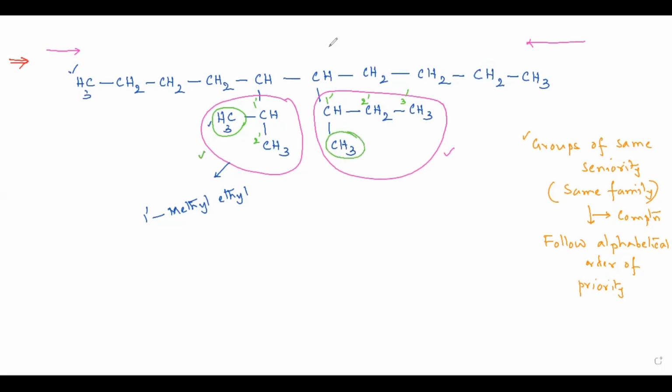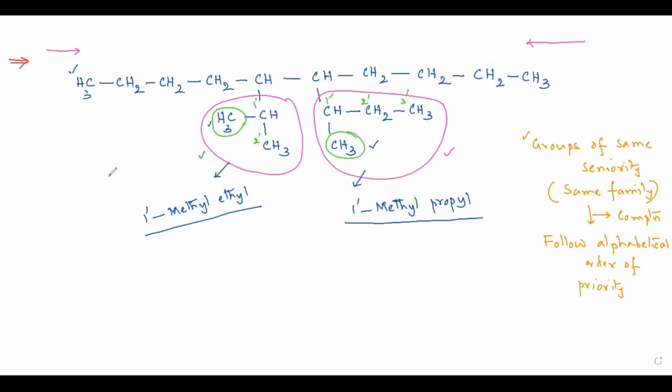Say at the 1' carbon, there is a methyl group. 1'-methyl. So I'm done with this. Now I'll go for this. It has 3 carbons, so prop. And this connectivity, so yl. This is the name: 1'-methylethyl, and this is 1'-methylpropyl.